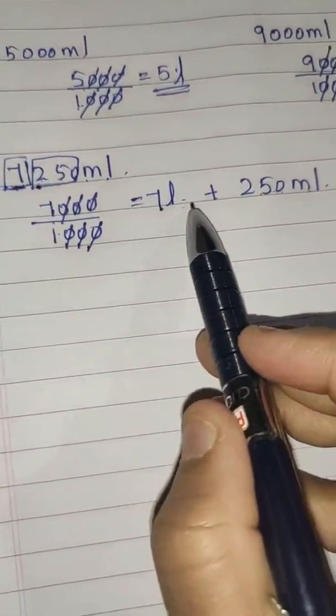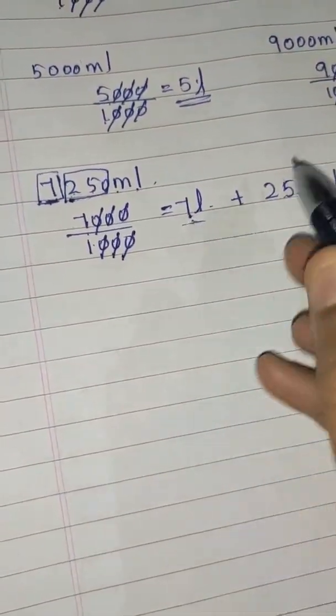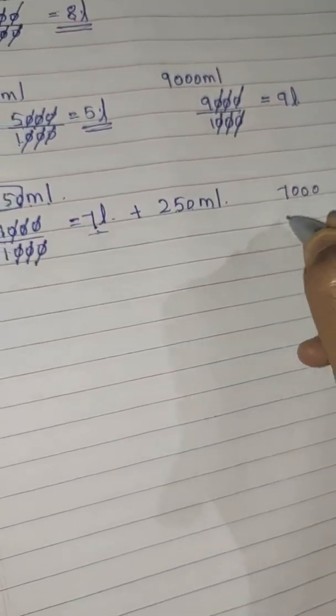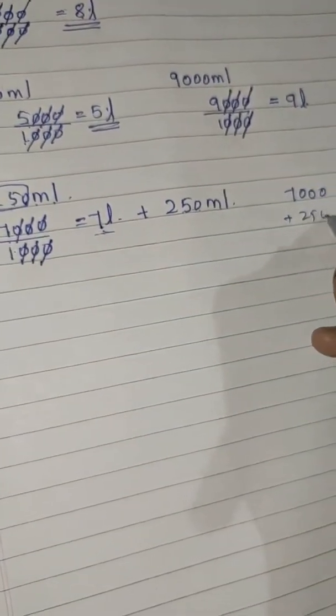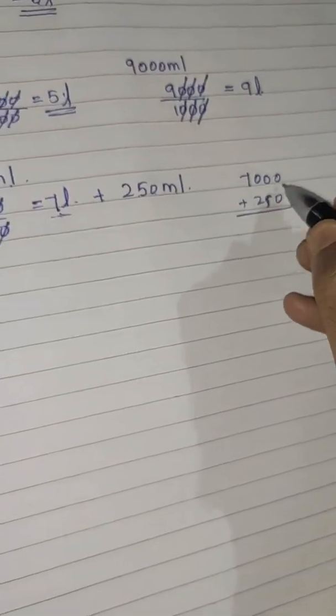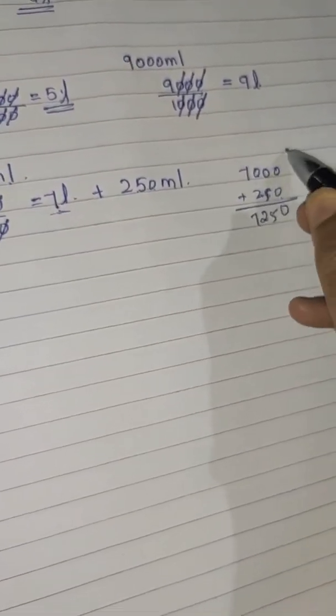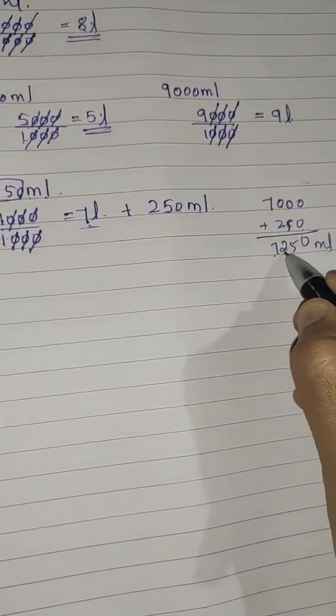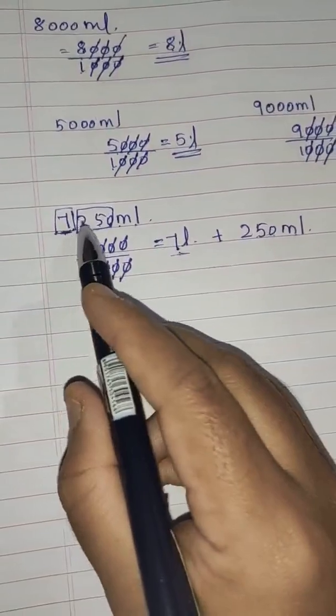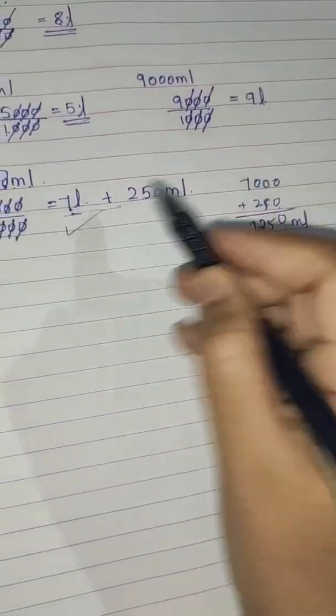So first you have to convert this liter into milliliter, 7 into 1000, 7,000, plus 250 ml. So let's add it. 0 plus 0, 0, 0 plus 5, 5, 0 plus 2, 2, 7 is 7. I am doing this just for verification. See here, what's the answer? 7,250 ml. So whatever we have done, it is correct.